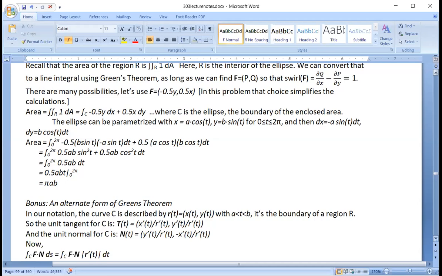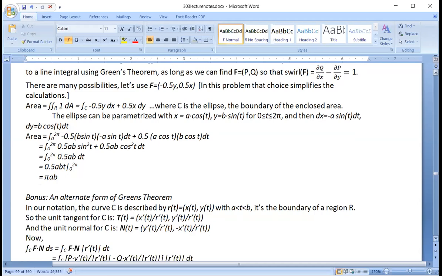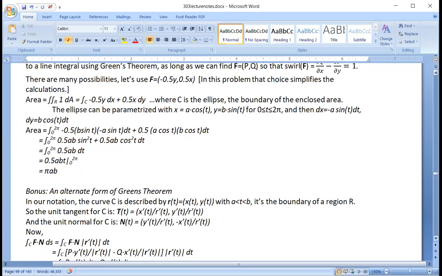So let's rewrite what all these things are. We know that ds can be written as the magnitude of dr/dt times dt. And we know that F is (P, Q), and we know that unit normal n is this thing that we just said. So put that all together and write it all out.